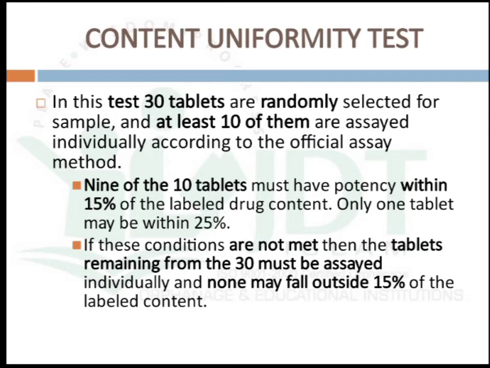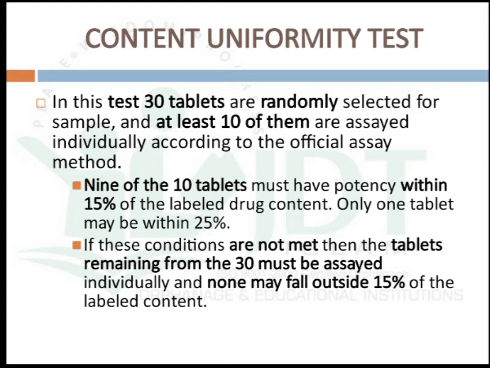Next test is content uniformity test. In this test, 30 tablets are randomly selected for the sample, and at least 10 of them are assayed individually according to the official assay method of the tablet.